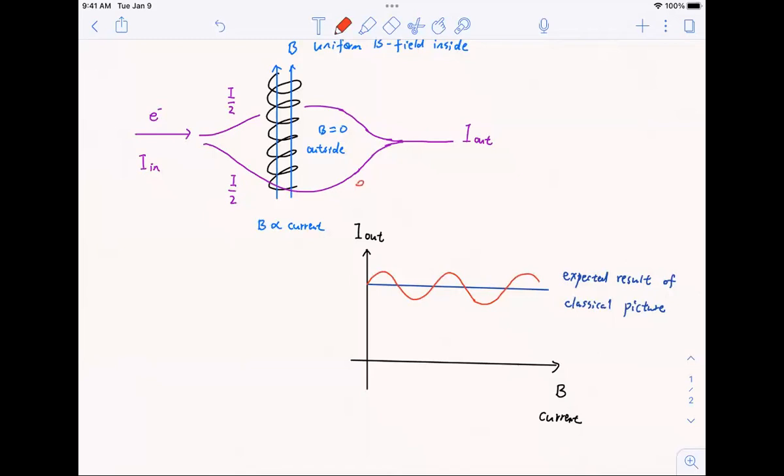This one will pick up a phase, and this one will pick up another phase. Once you have the interference, then you have oscillation. These two phases turn out to depend on B.